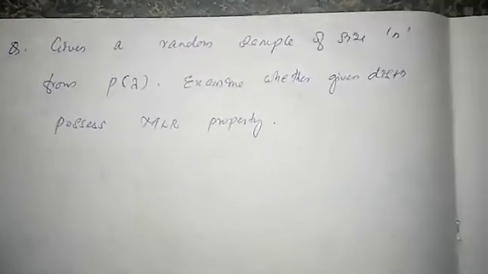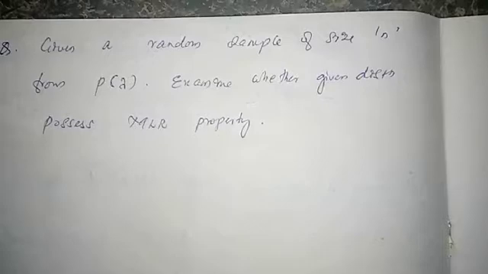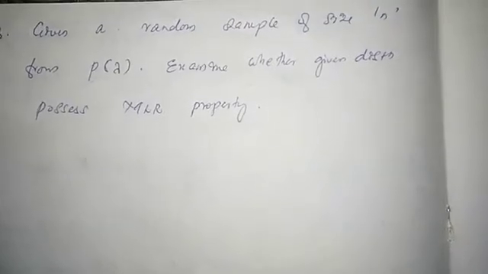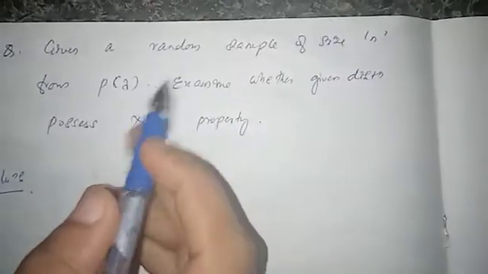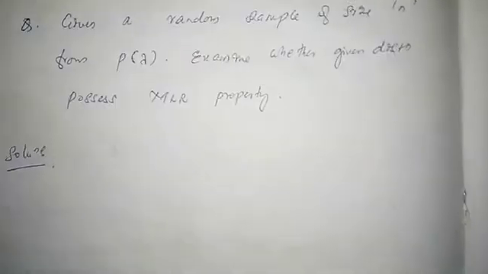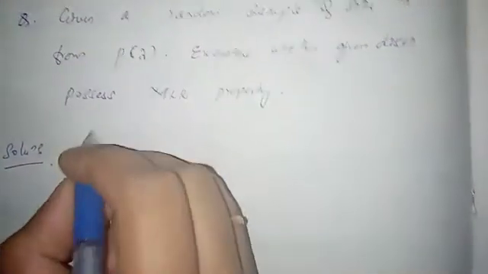Here the question is: given a random sample of size n from a Poisson distribution with parameter lambda, examine whether the given distribution possesses the maximum likelihood ratio property. Okay, so we will solve that. We want to check whether this given distribution possesses MLR property or not. For that, first we have to write the likelihood.